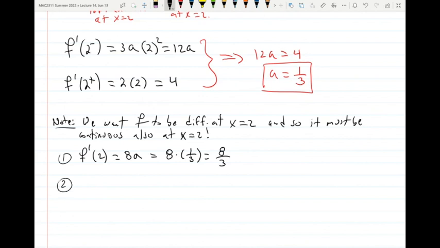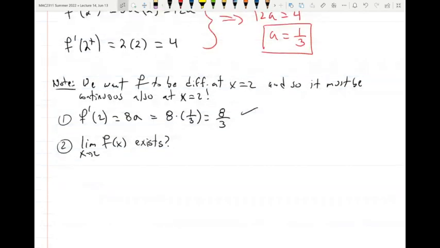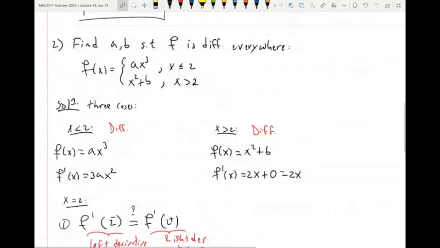All right, second. So what's the second condition? The limit must exist. So the limit as x approaches 2 of f of x exists. Does this limit exist? In this case, remember, we have to use side limits, right?